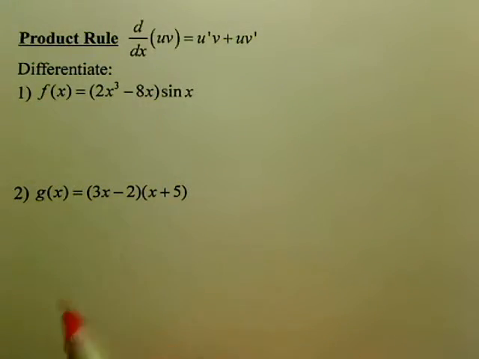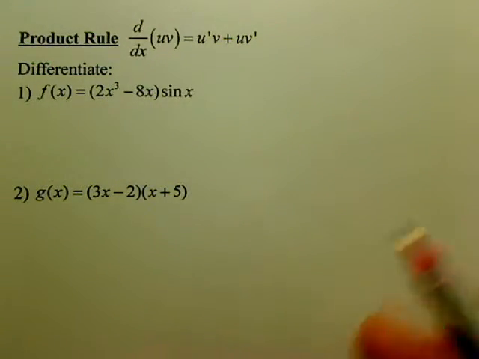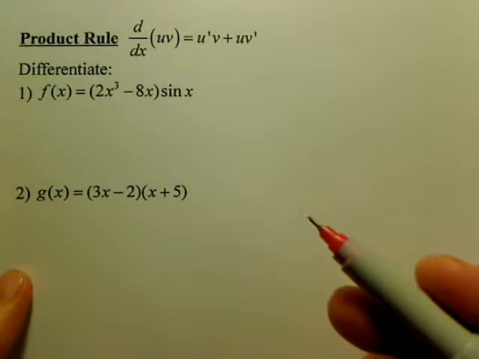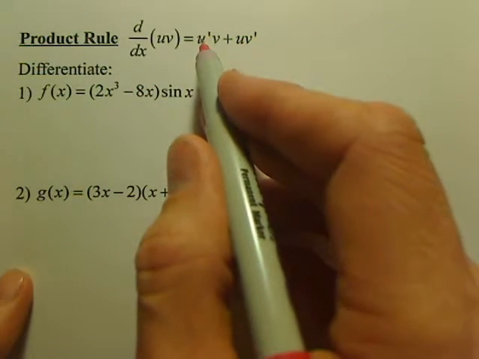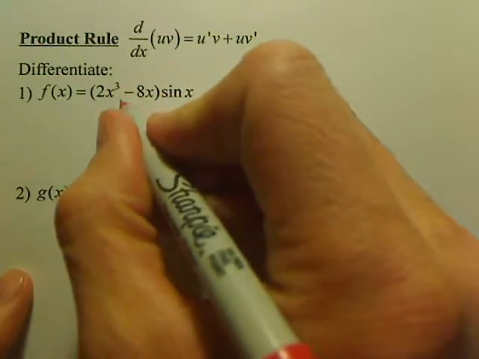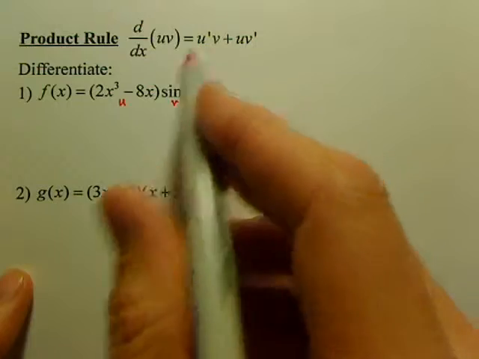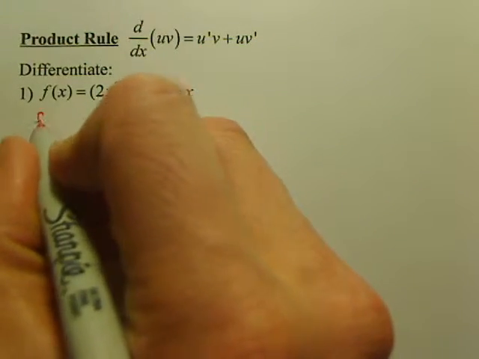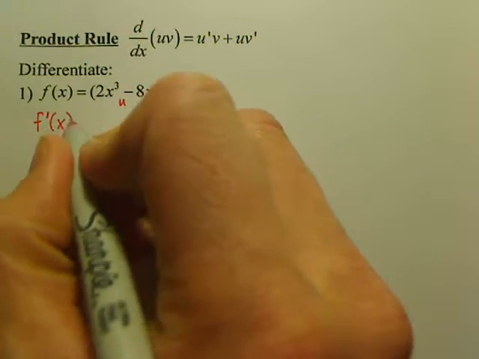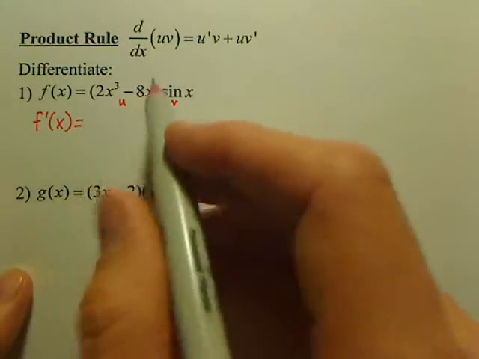All right, so how do we apply this product rule when taking the derivative? Well, here we go. We are going to derive the first and leave the second. Let's call that u and that v. So if we follow this, we're going to find f prime x, or the derivative of f. We derive the first piece.